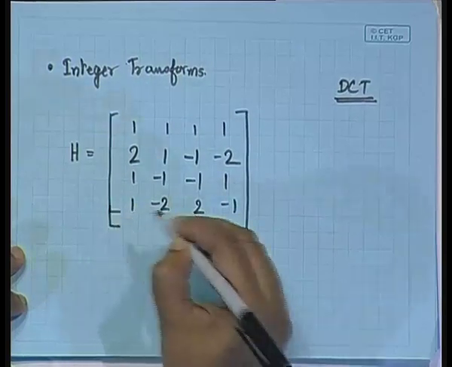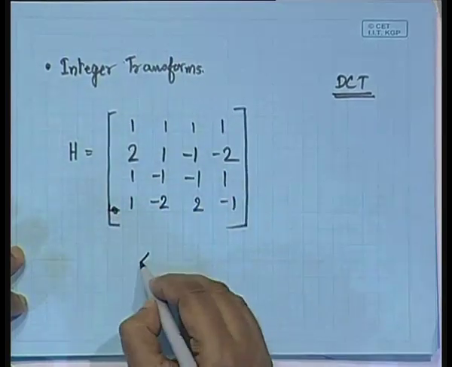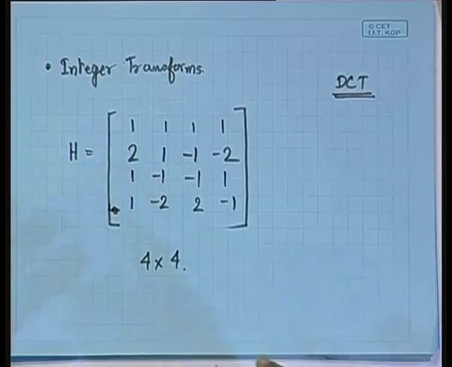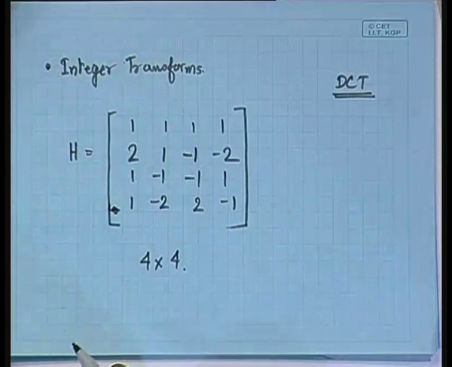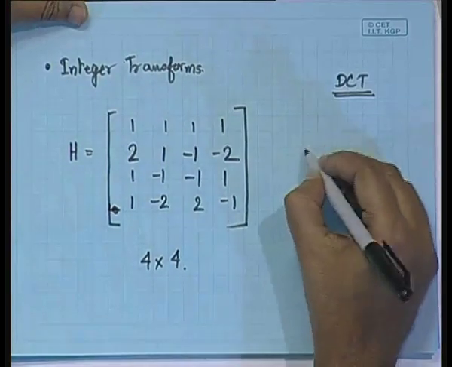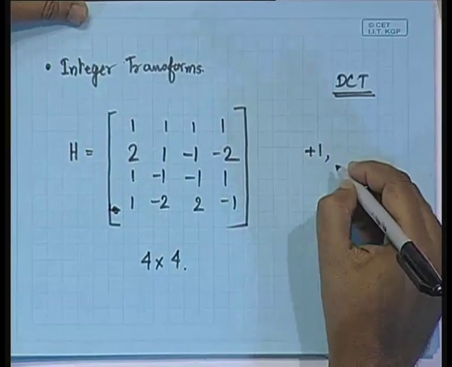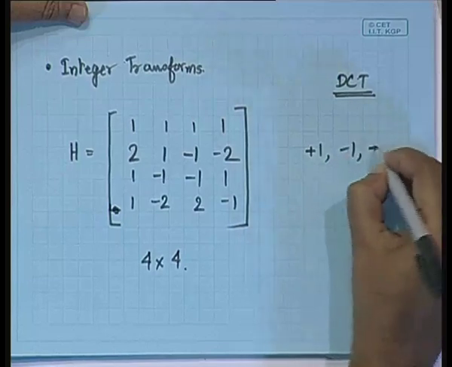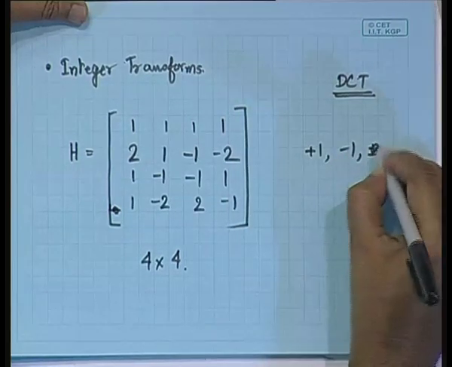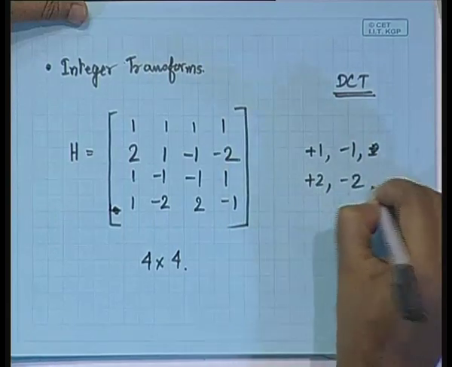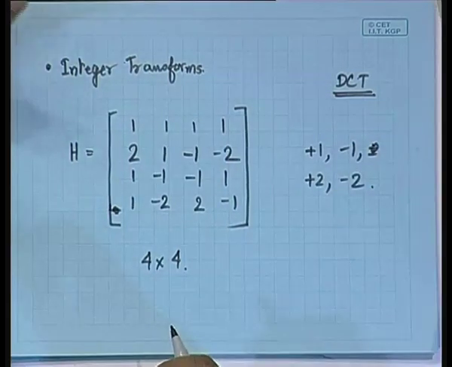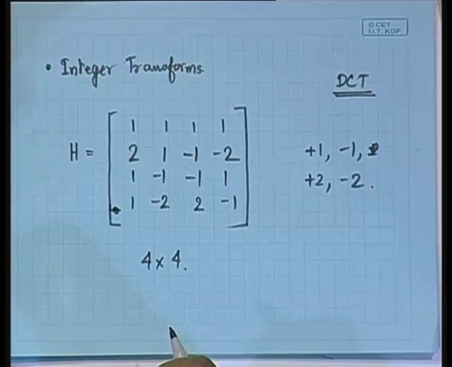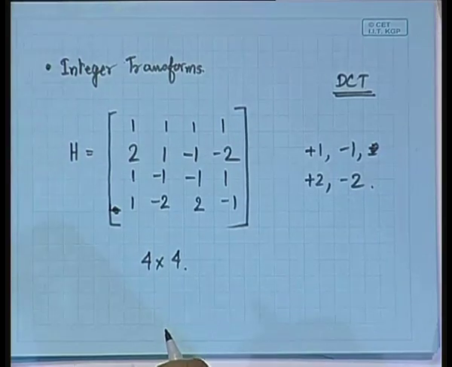So, this is the 4 by 4 integer transform array. Now, what do you observe in these elements? The elements can assume only these 4 values: +1, -1, +2, -2.